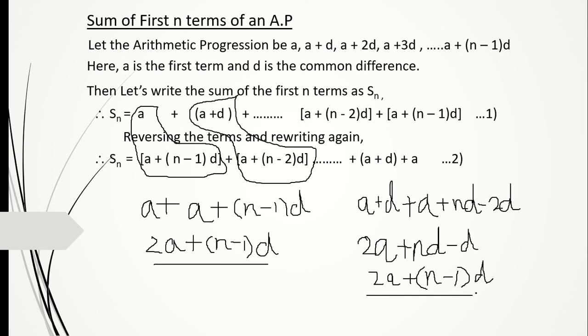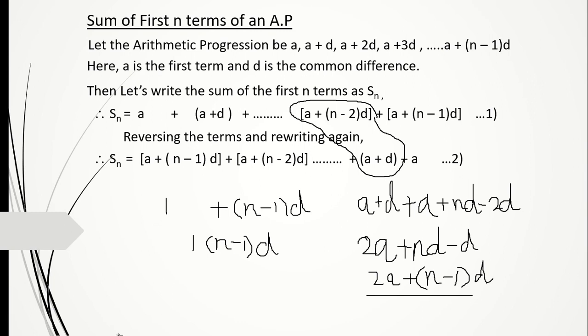And like in the previous example, we saw everywhere the sum was coming 101, 101, 101. Like that here, when you go on adding these terms, you will add this term and this term, and you will add the last two terms. You will get the sum in all the cases 2a plus n minus 1 d.